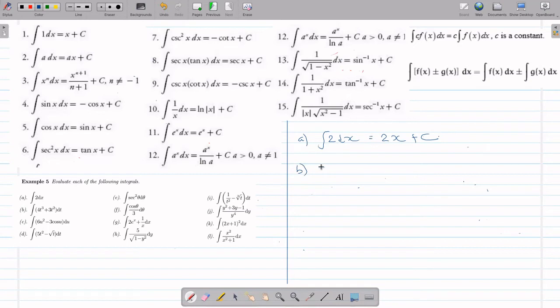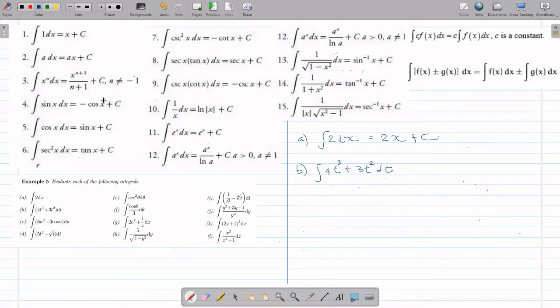Now we'll go to B. It says the integral of 4t cubed plus 3t squared dt.